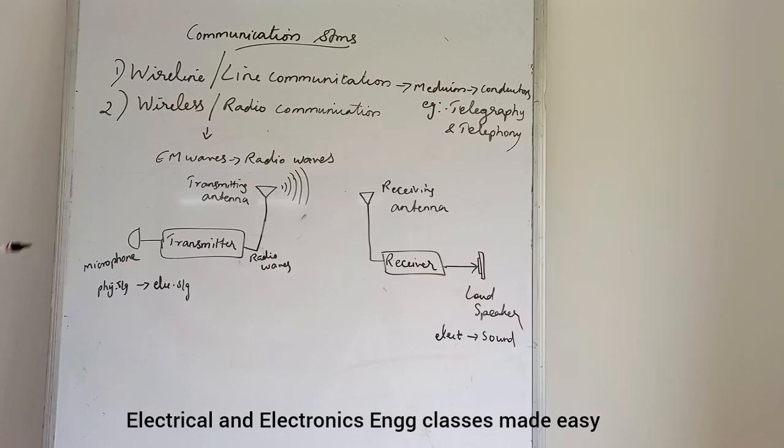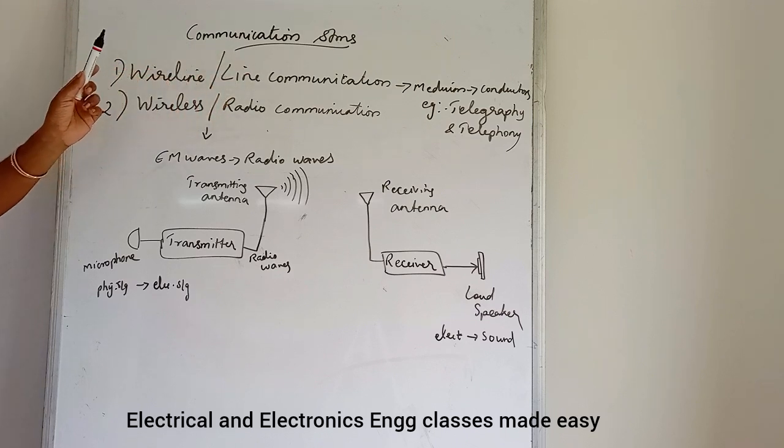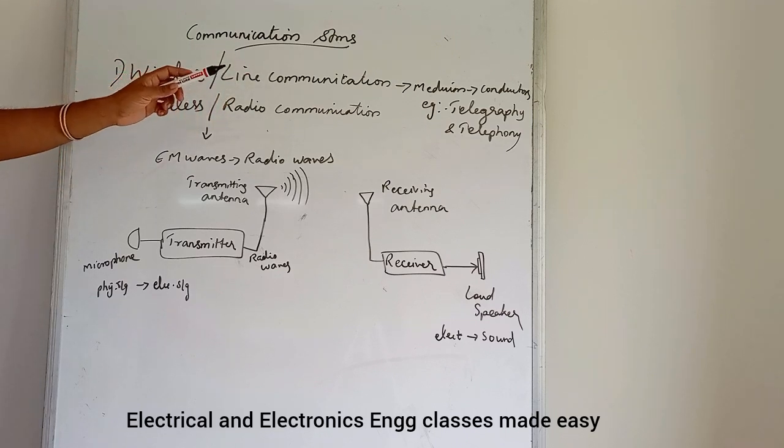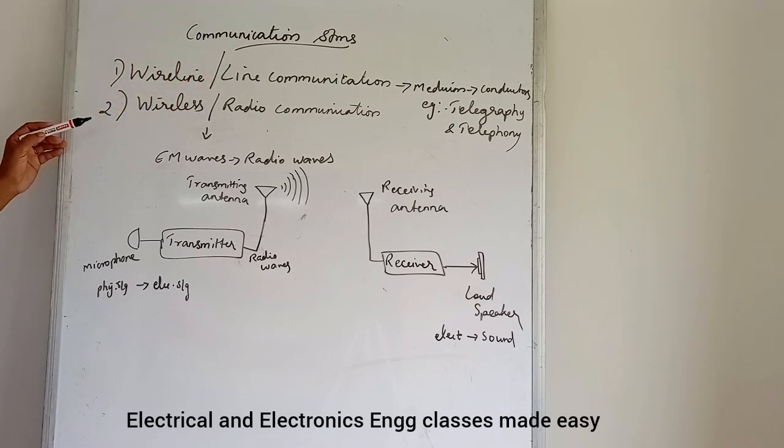Next is communication systems. Depending on the type of communication channel or medium, the communication systems are classified as wireline or line communication, and wireless or radio communication. In wireline communication, the medium of transmission is a pair of conductors. Examples are telegraphy and telephony. Then wireless communication.